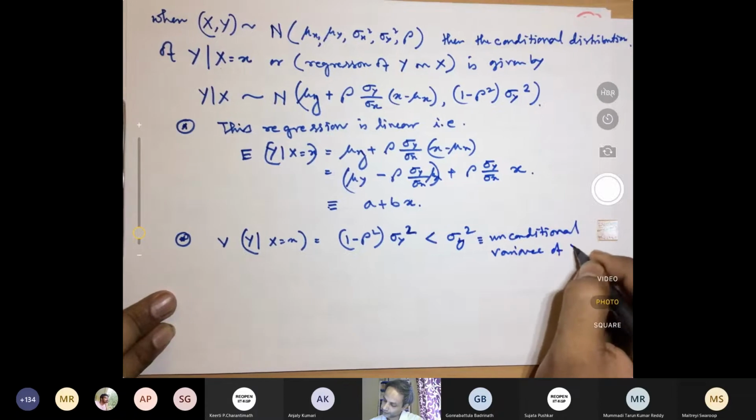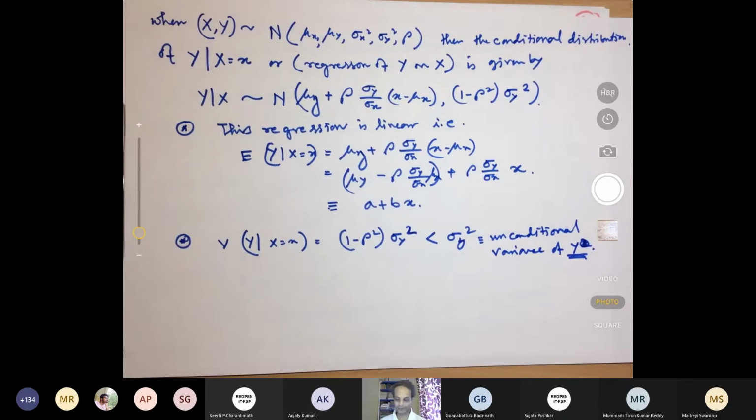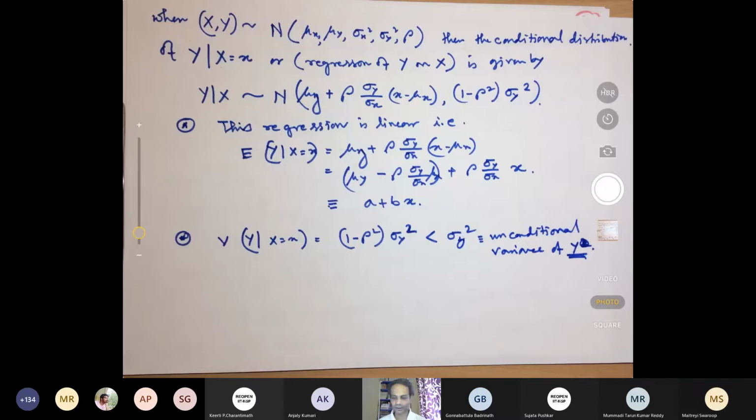This is a very important observation, and it is almost in general true, that when we do regression the variance reduces because we are looking at the variance of a subsection of the data. So it is less than the entire variance that we usually observe.